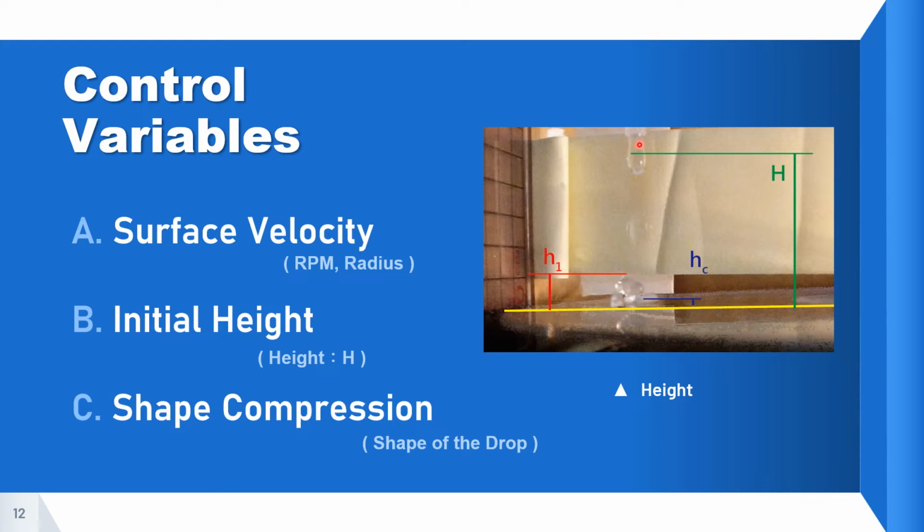So the water goes down from here all the way to the surface. We change the height. And C, shape compression. We look into the shape changing in the period of contacting the surface and going back to the air.